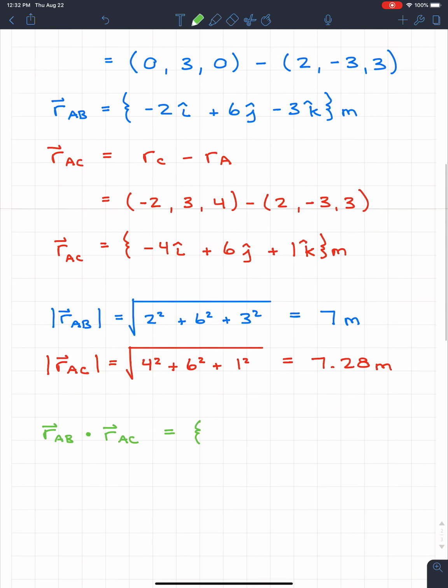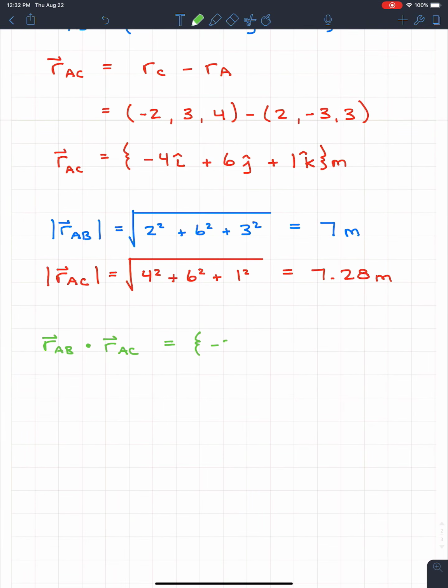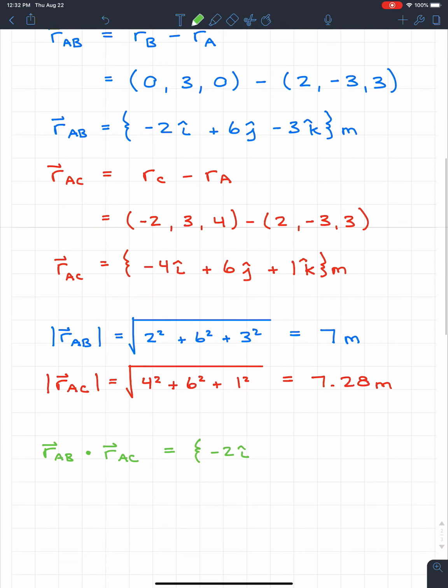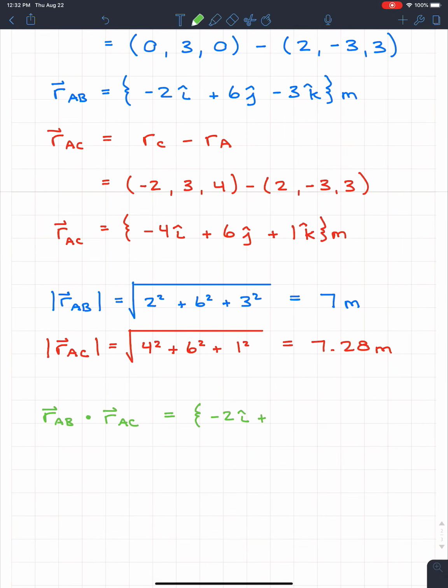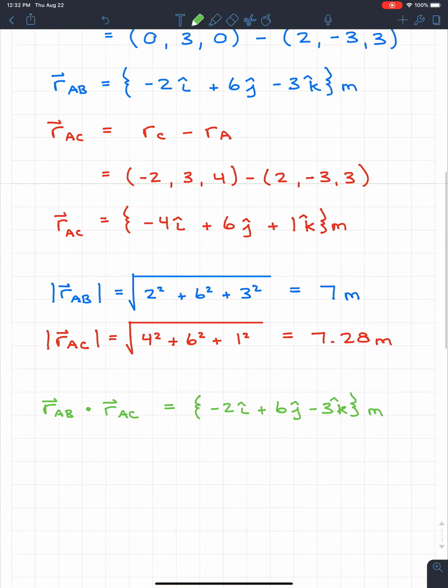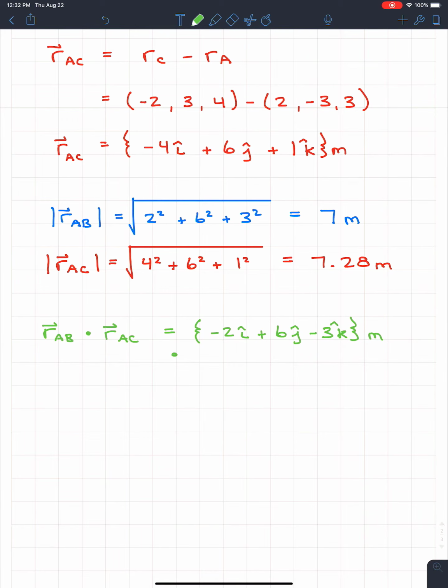So we're going to start with RAB, and it's going to be negative 2i plus 6j, and then minus 3k, and that's meters. And we're dotting this to RAC, which we know is negative 4i plus 6j plus 1k. And again, this is also in meters.